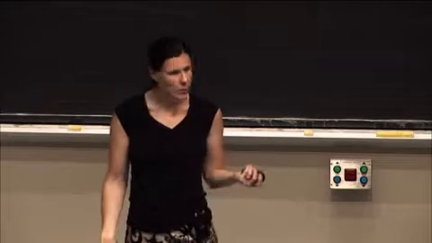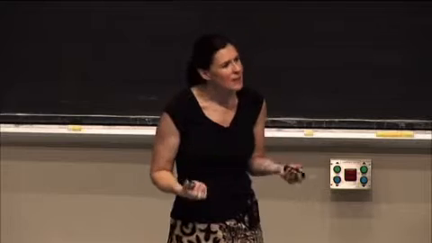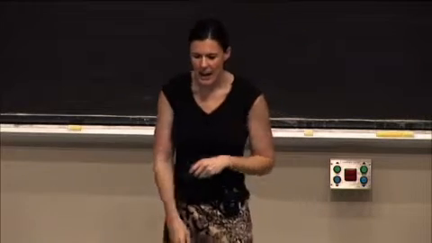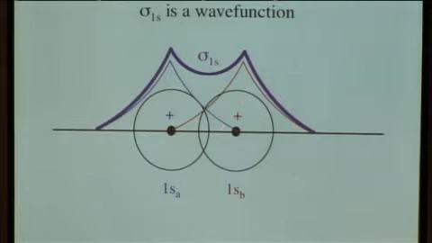So we can draw that for 1sA. We can also draw it for 1sB. And what I'm saying for the molecular wave function is that we have the interference between the two, a constructive interference. So we end up adding these two wave functions together.